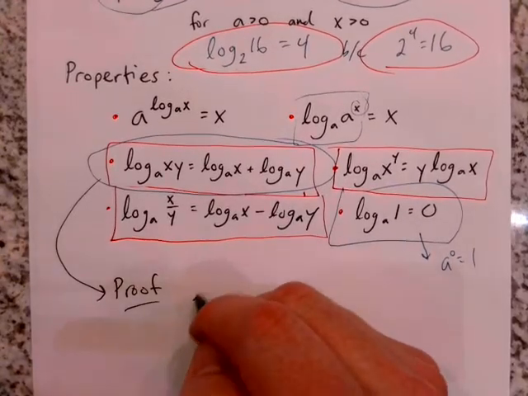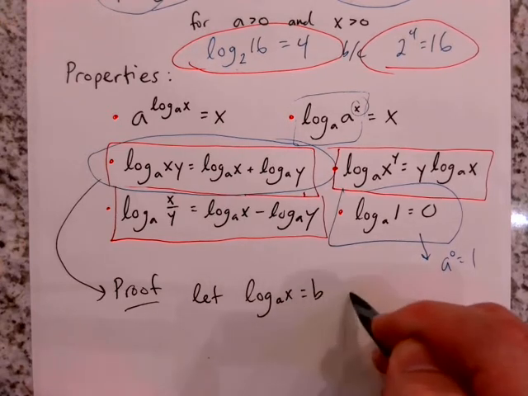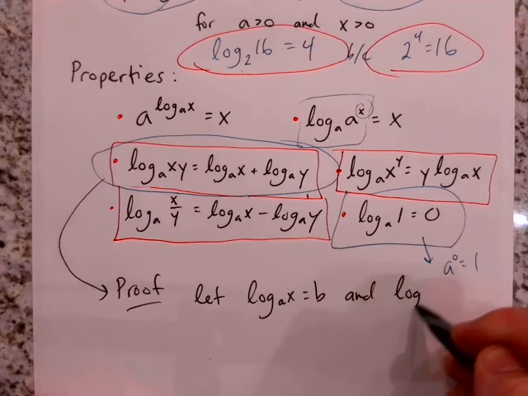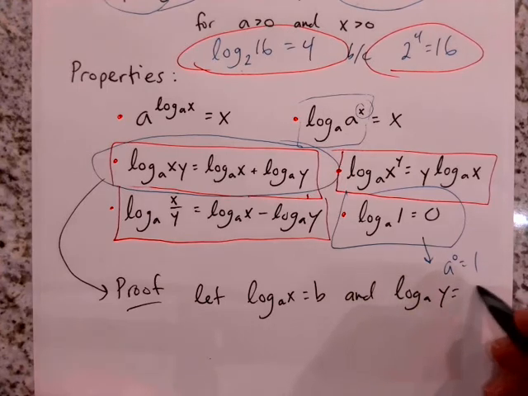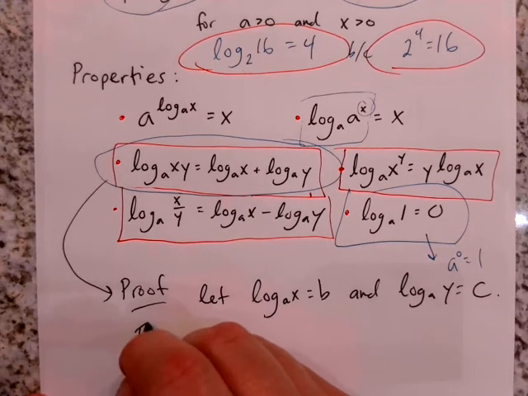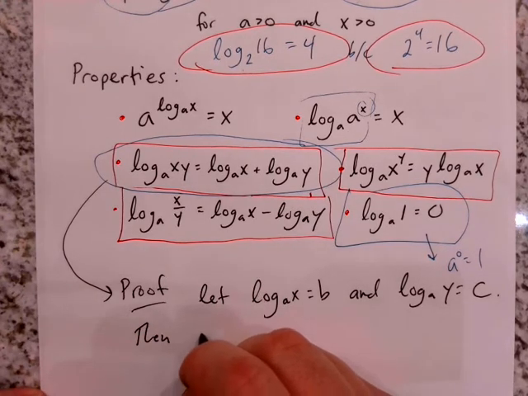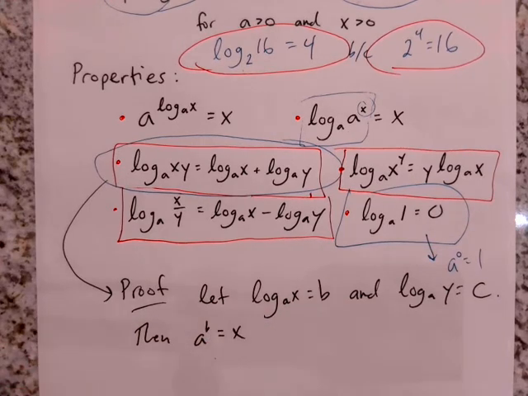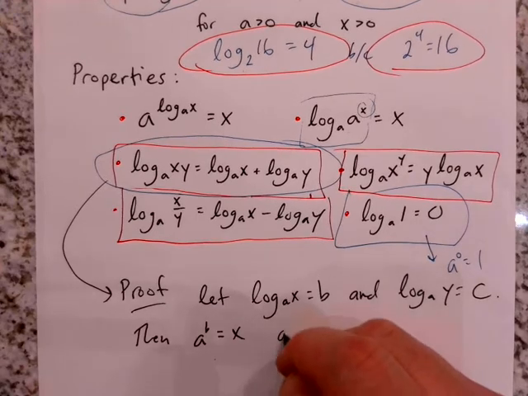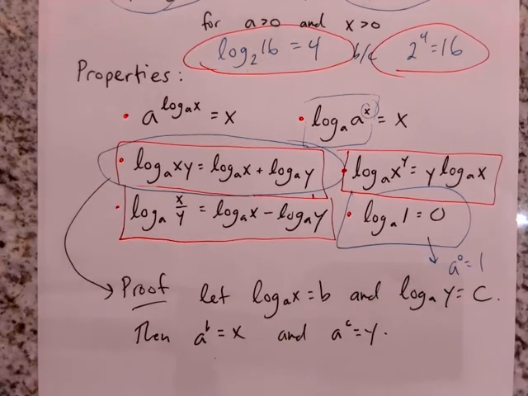To start off, let log base a of x equal b, and log base a of y we'll call c, where a, x, b, c are all positive numbers. That means if log base a of x is b, then a to the b equals x. Just write that logarithm in exponential form. If log base a of y is c, that means a to the c equals y.